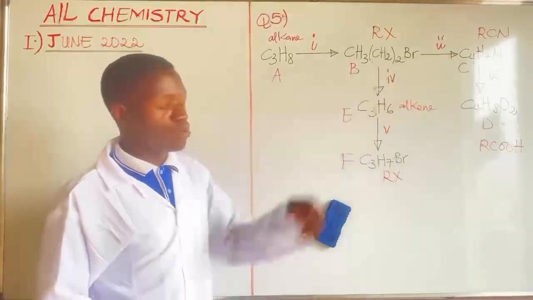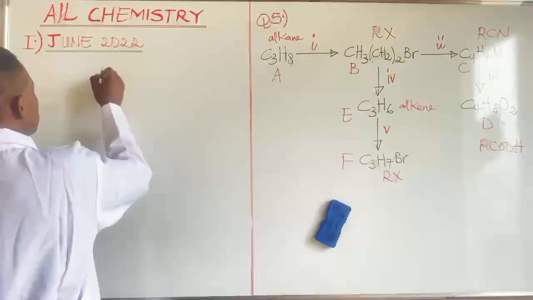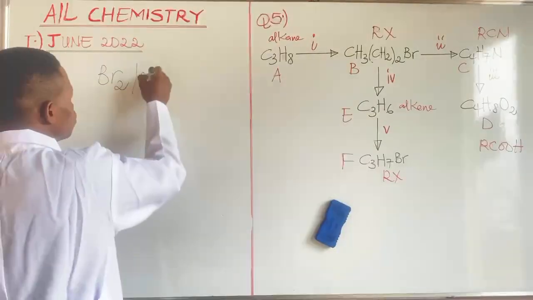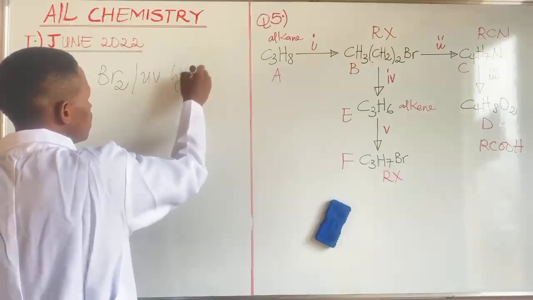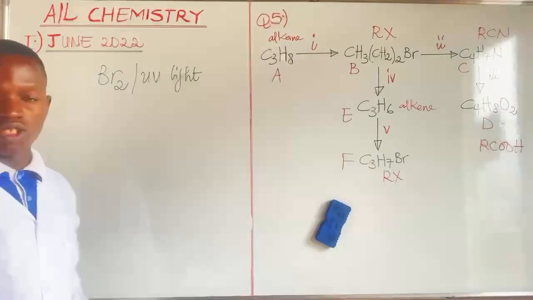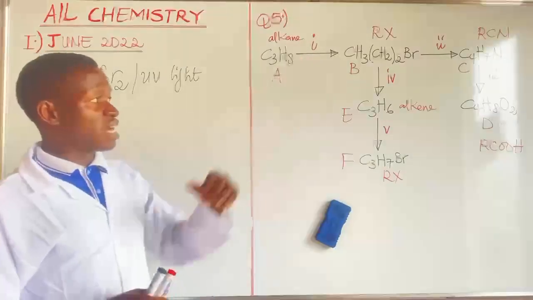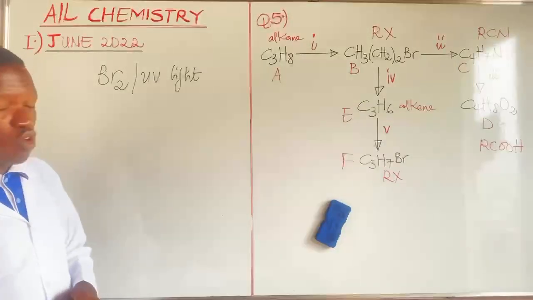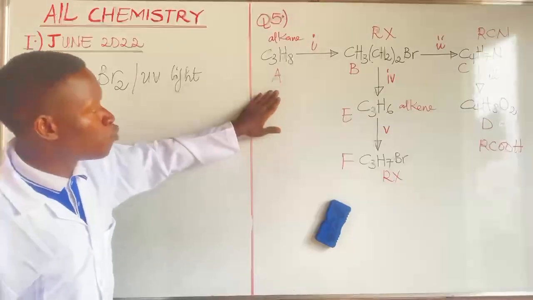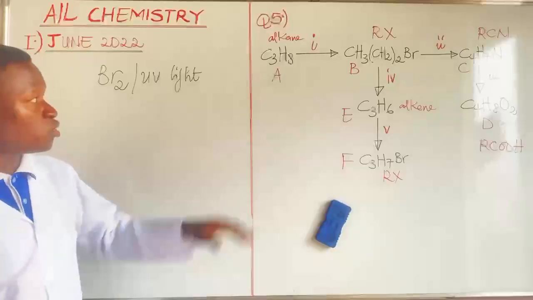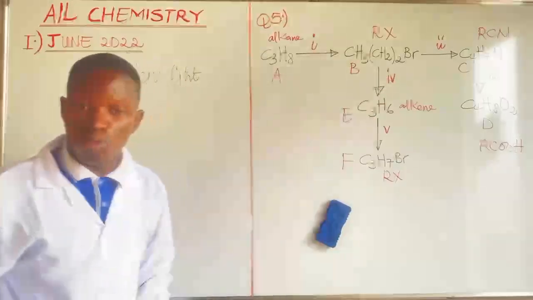So our reagent is bromine. And the condition is UV light. That is the reagent and the condition for the first step, Roman 1, to go from propane to bromopropane.